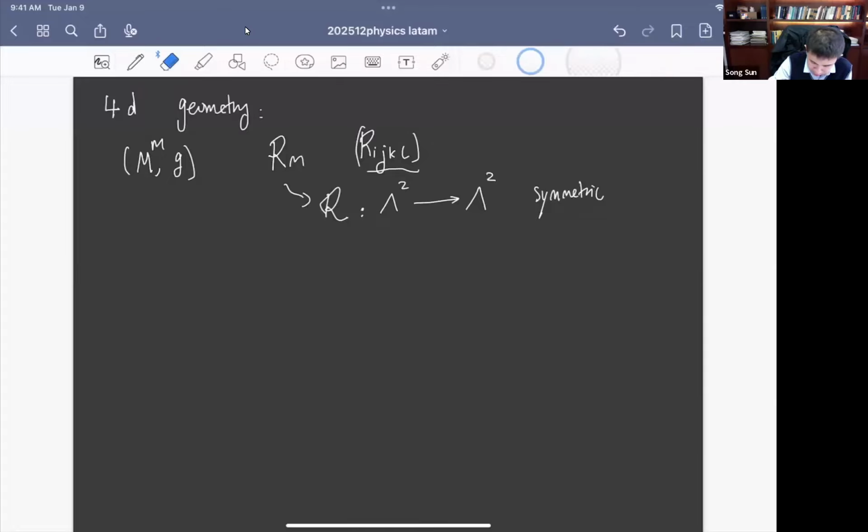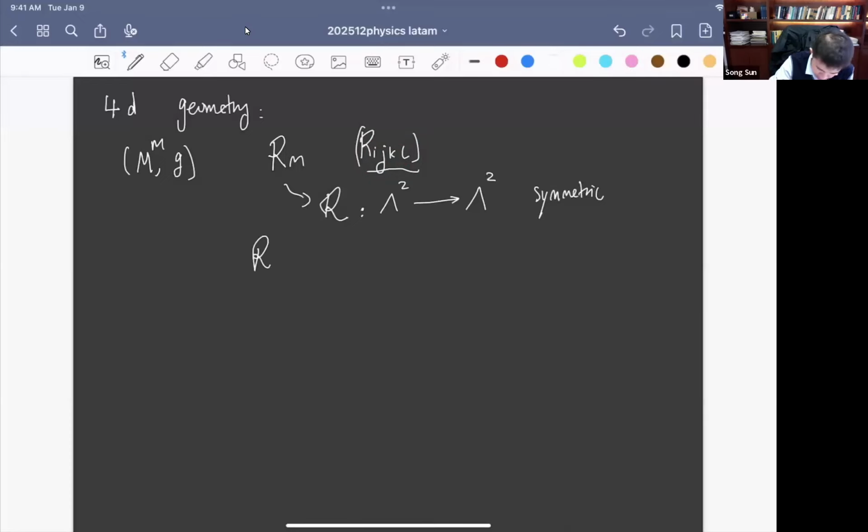Or it can be viewed as a bilinear form on Λ². It's because the first two indices are anti-symmetric, and the second two are also anti-symmetric, but viewed together, ij and kl can be swapped. So the action is explicitly defined.